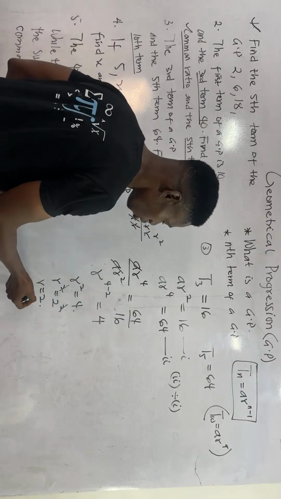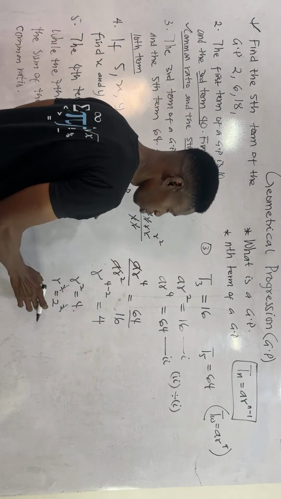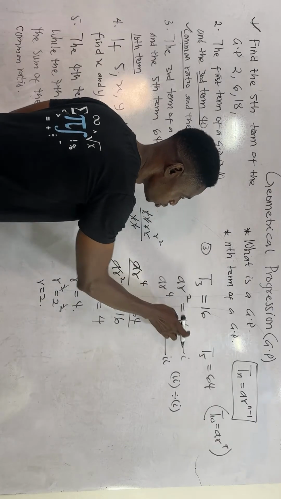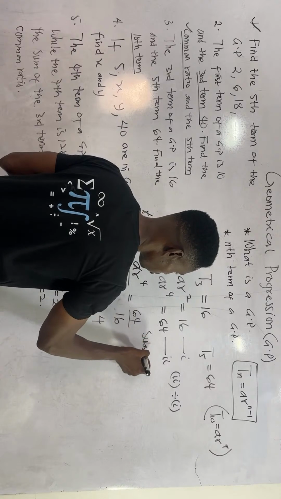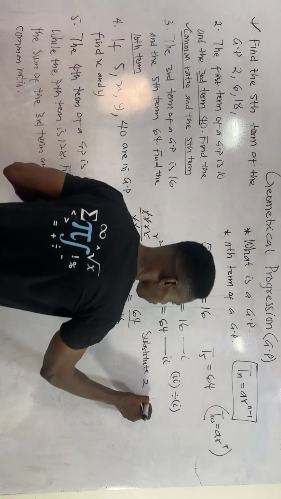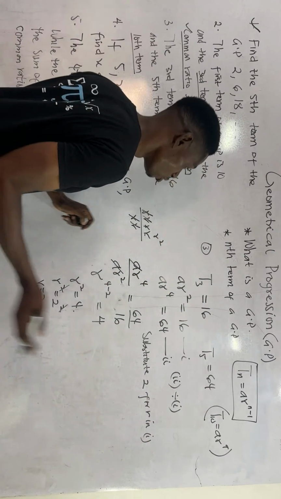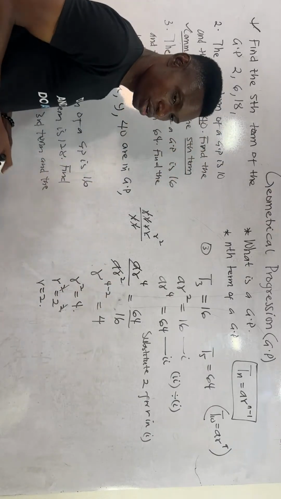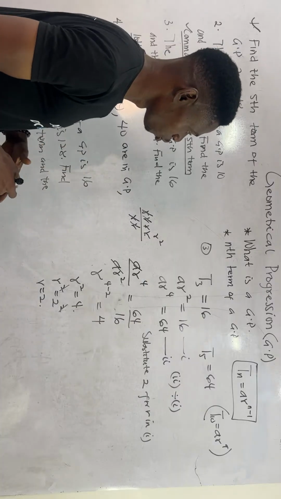So now we know R, we still don't know A. But if you come back here, we can substitute this R into equation 1 to get our A. So the language is substitute 2, this 2 we got, for R in equation 1. So go back to your equation 1 or 2, any one of your choice. I prefer 1 because it is simpler to work with.